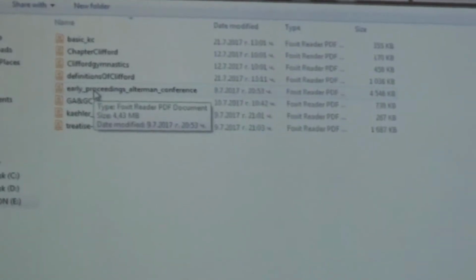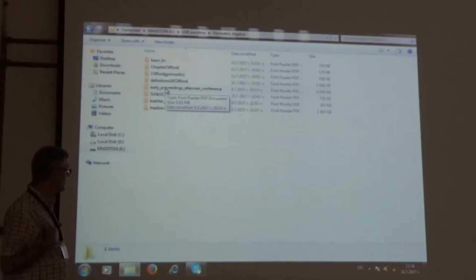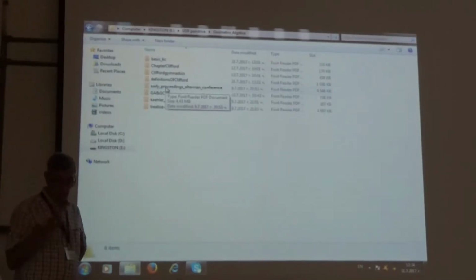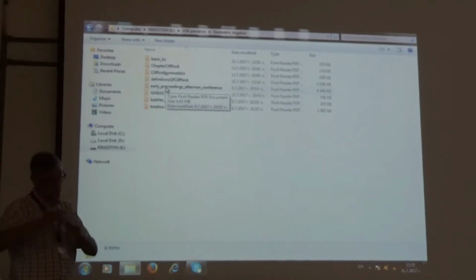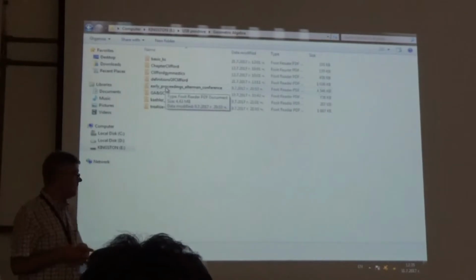We have here, I believe, a very important material, which is the early proceedings of the Algebra Conference 2016, last year. Not all, but there are some papers about Clifford algebra and other papers about other subjects, but the interesting ones are those about Clifford algebra. There is an index, so you can see which papers they use.